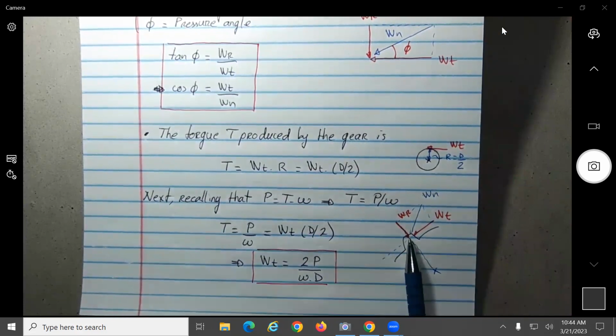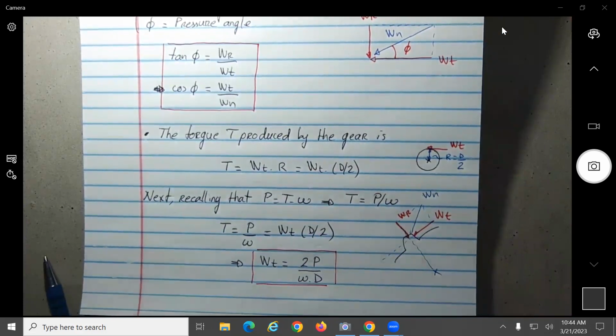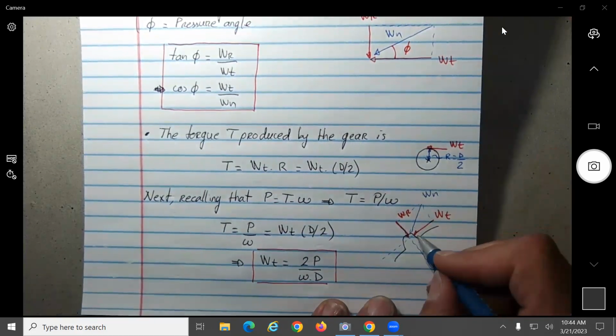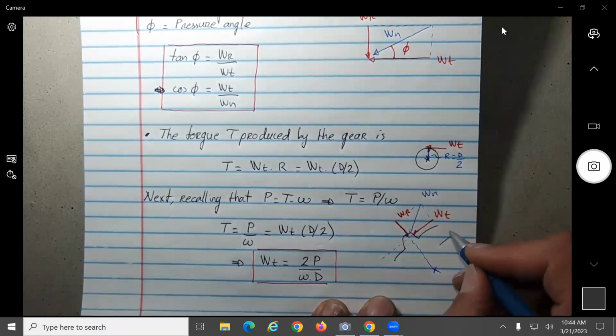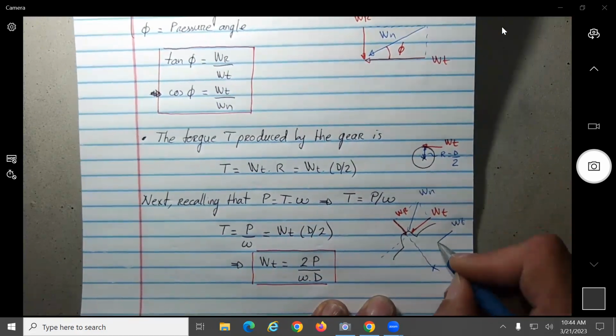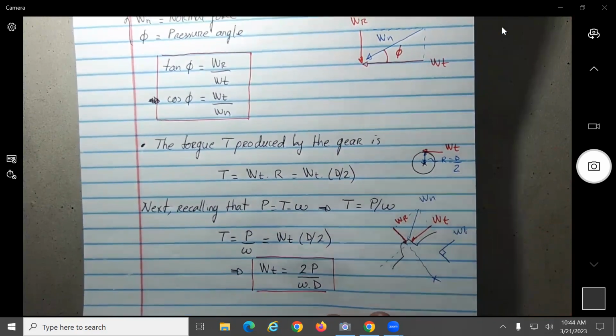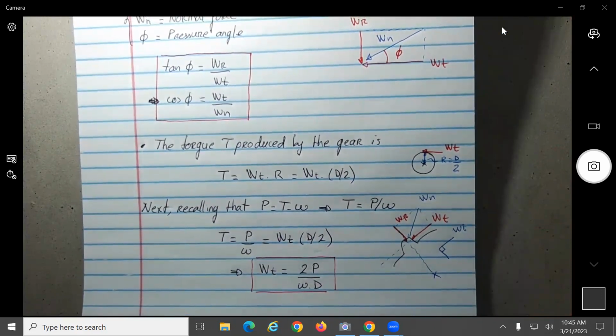It will be this way for each of the different teeth. The one you clearly see here, the torque, will be WT, perpendicular to the radial direction, for the one at the center.